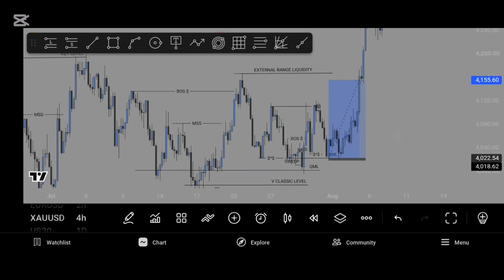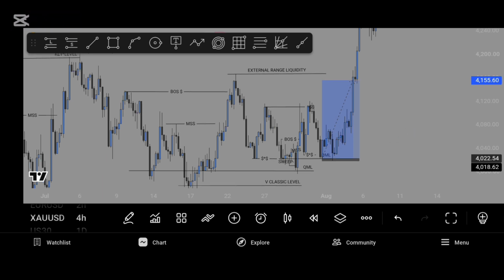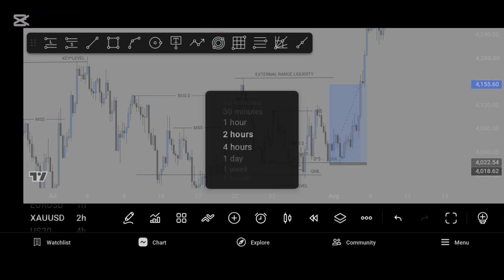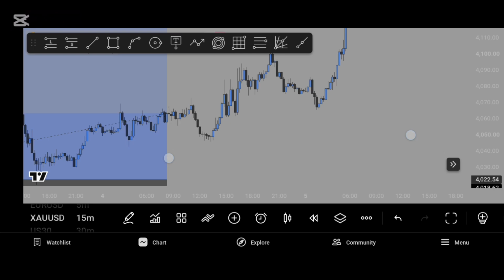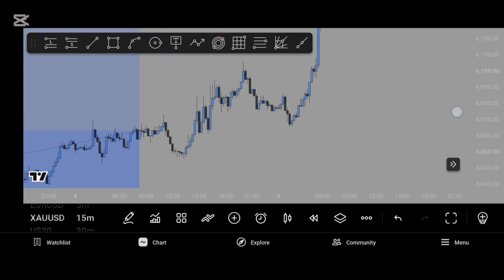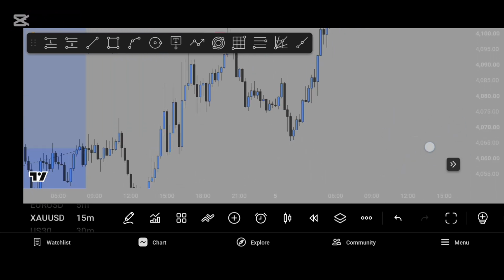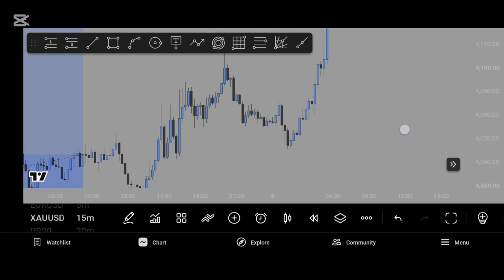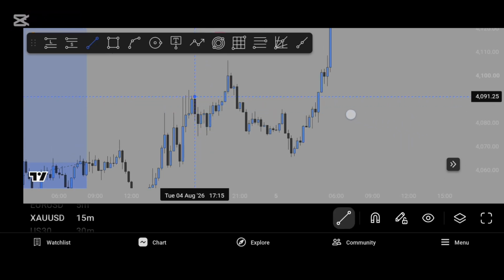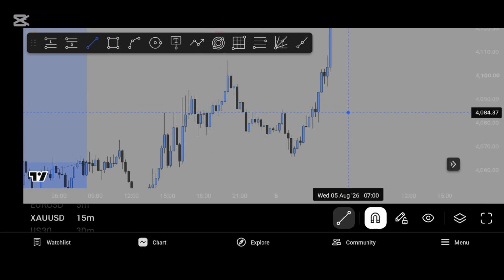There's a trade I got on M15, after the market hit that zone. Let's go to M15 quickly. I got a sell from somewhere here. It was just a continuation, from a sweep here.